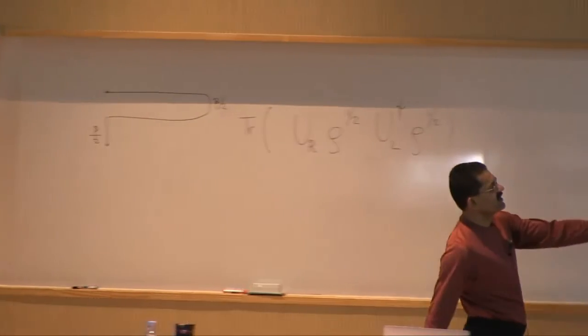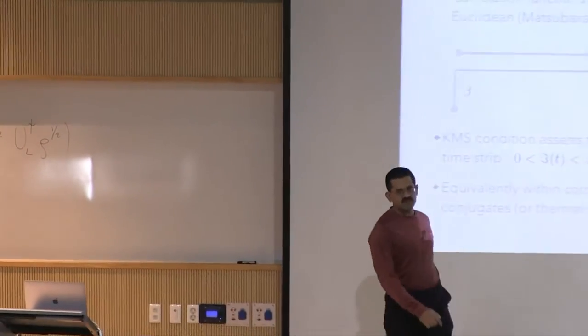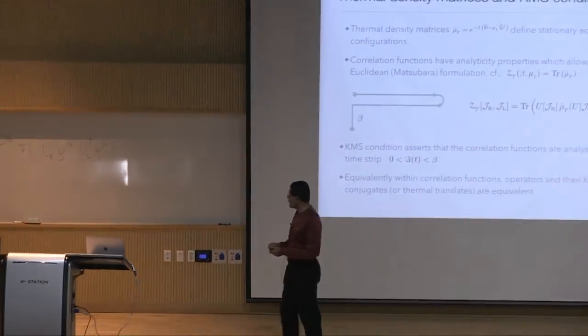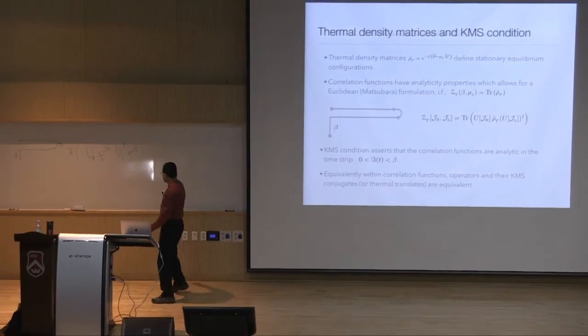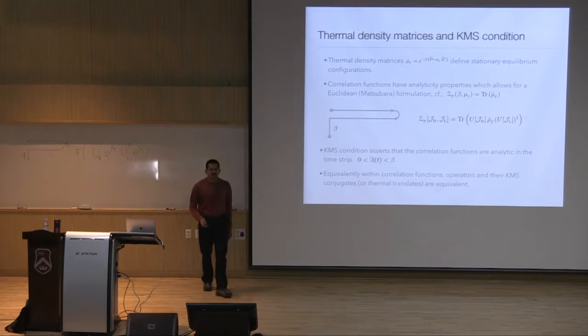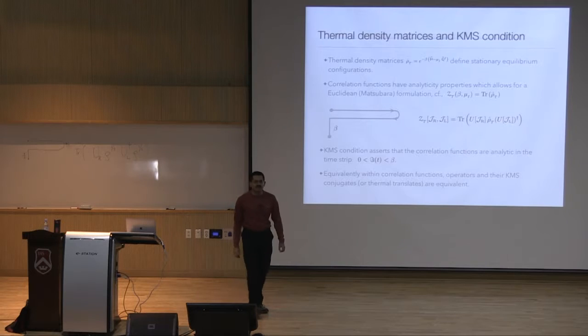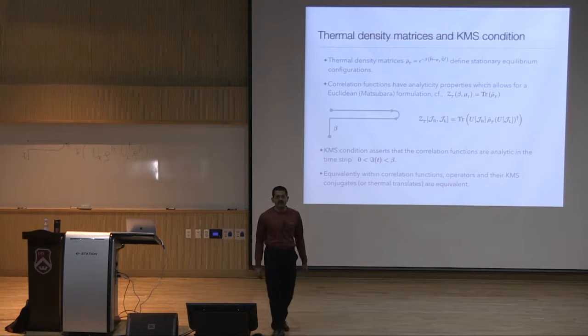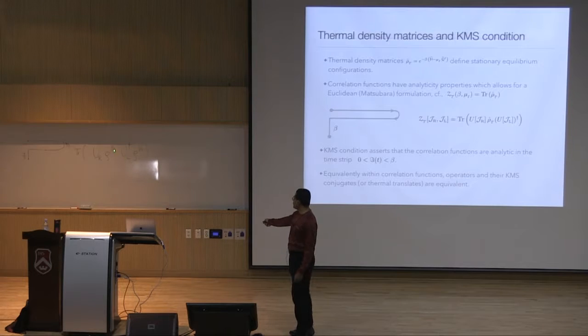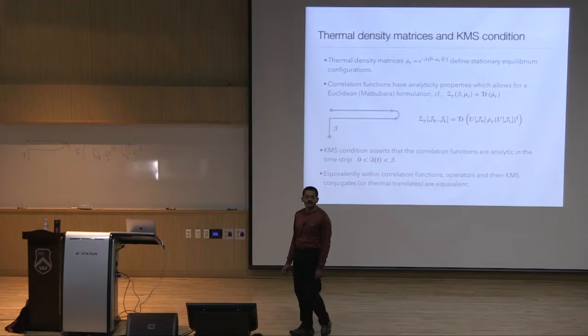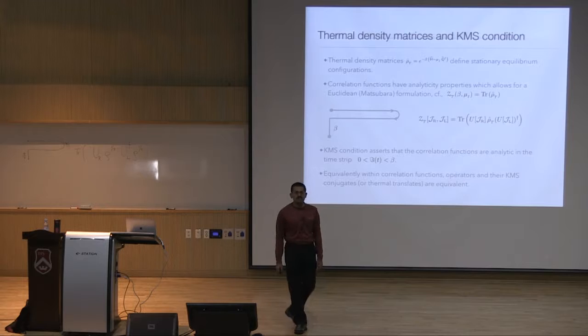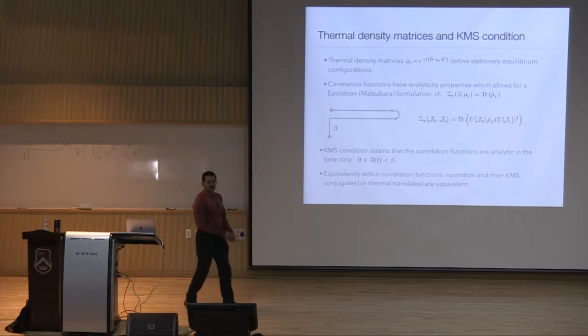Whereas in my picture, this Euclidean excursion is of size epsilon, and this is almost beta after you take out the epsilon. This is convenient for many purposes, but it obscures one thing. It obscures unitarity. Because if you set the sources in the unitaries to be the same here, unless you know something about the density matrix, or you assume some analyticity properties, you're not passing the unitaries through. Unitarity doesn't follow simply from cyclicity of trace.